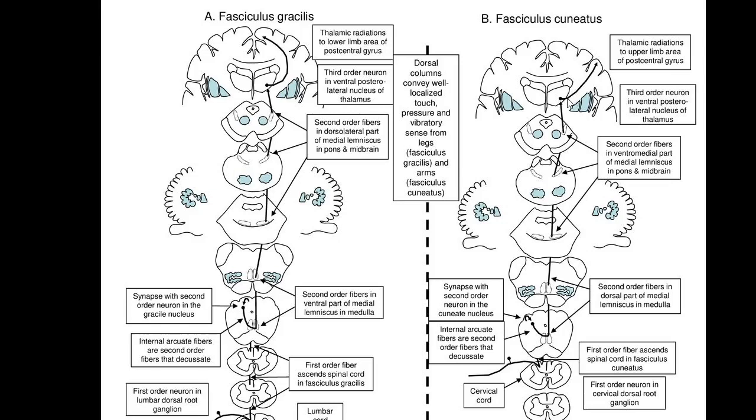The third order neurons arise from the ventral posterolateral nucleus of the thalamus, and they pass as a thalamic radiation, and they carry the upper limb sensations to the postcentral gyrus.